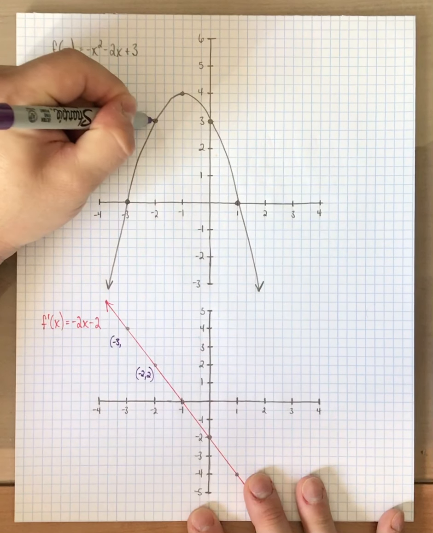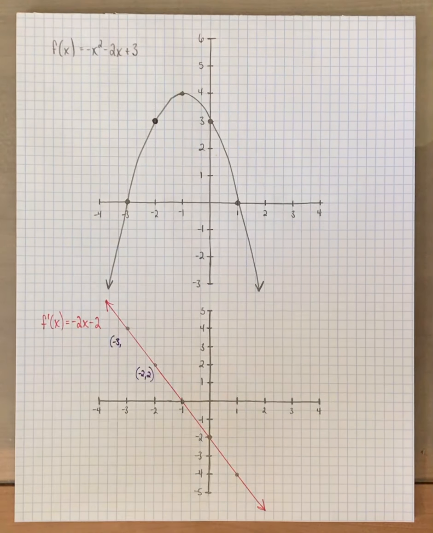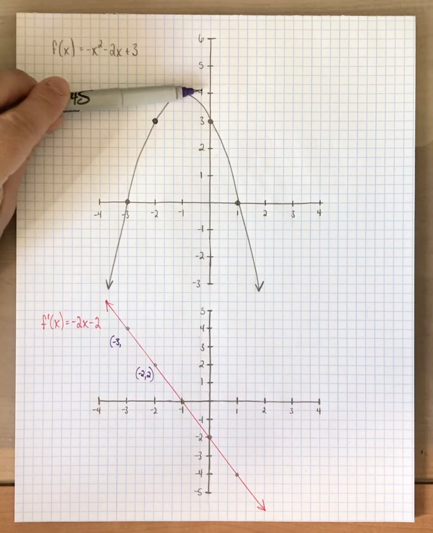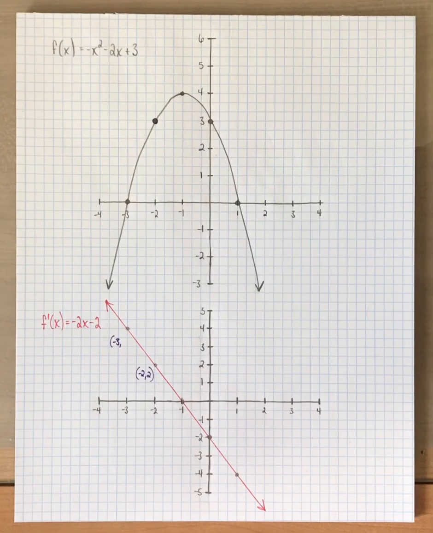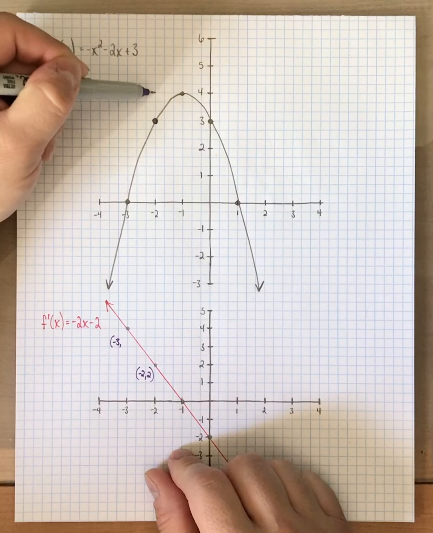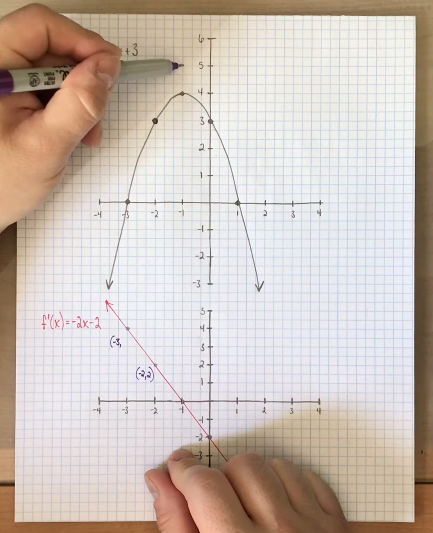If we come up to this point on the original function, and we draw a line with a slope of 2 through that point. Now be careful of the scale here. Note that on the y-axis, every 3 blocks is a whole number. So a slope of 2 means that it needs to go up 2 whole numbers and to the right 1 whole number.